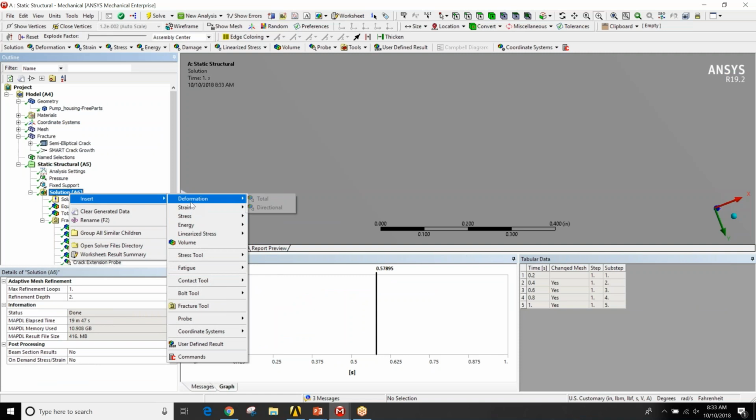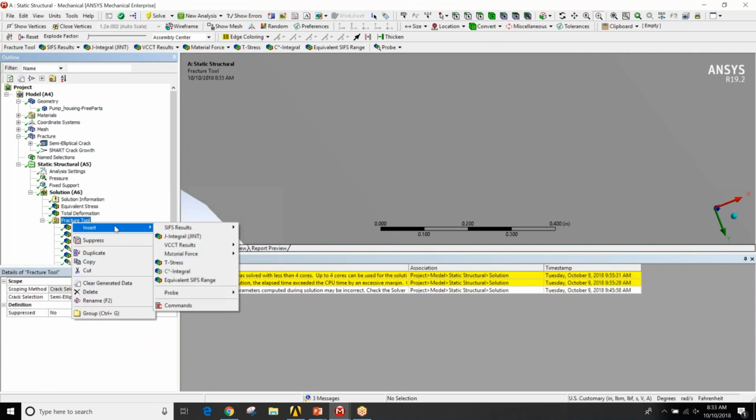If you right mouse click on solution, under fracture tool, you can say, okay, show me the J integral value. Show me VCCT results, material force results, T stress, C star integral, equivalent stress factor range. In our fracture mechanics class, we also go through all of these. What's J integral? What's material force? What is T stress? What is C star integral?